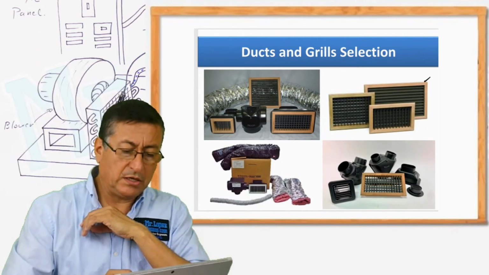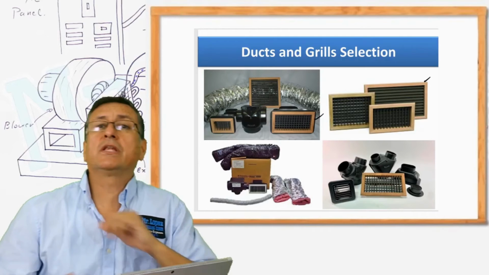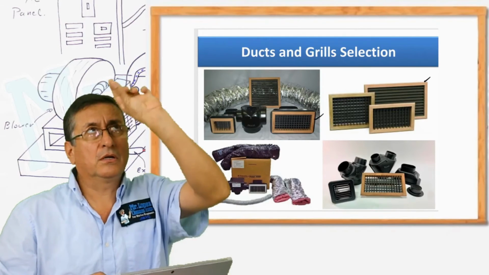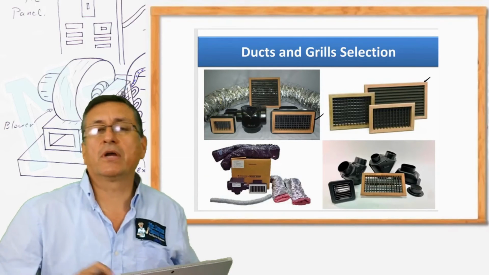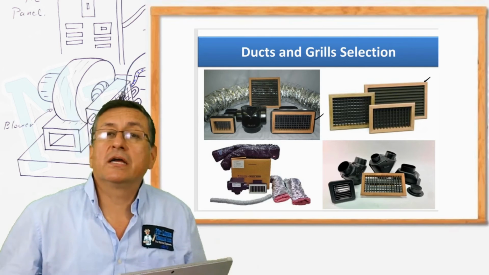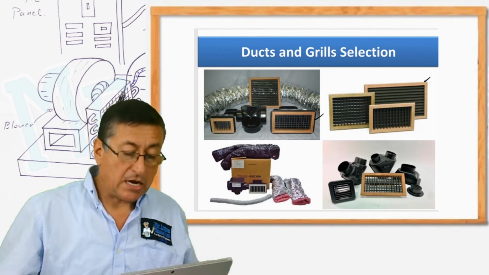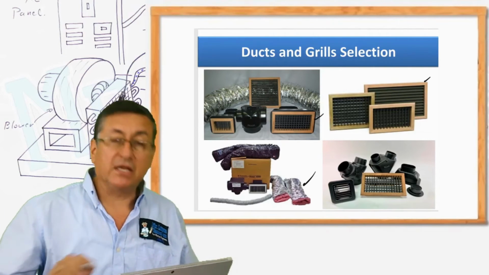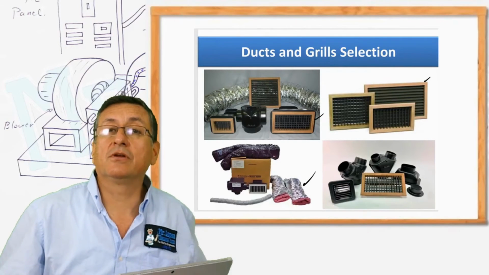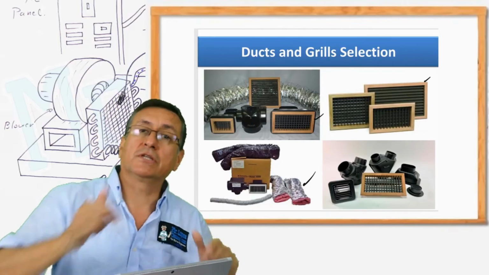This is in wood, in order to avoid condensation of water on the edge of the grill. And the ducts are circular ducts, and they are fabricated in a special foam. The foam is a special isolator and is wire reinforced.